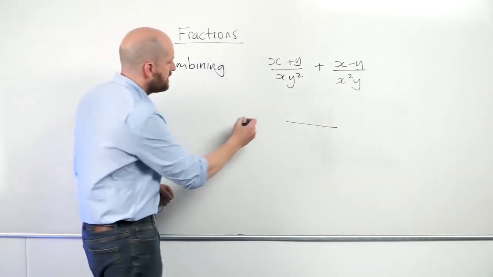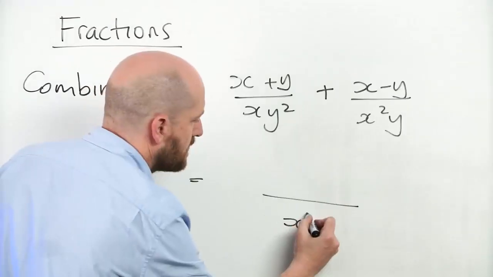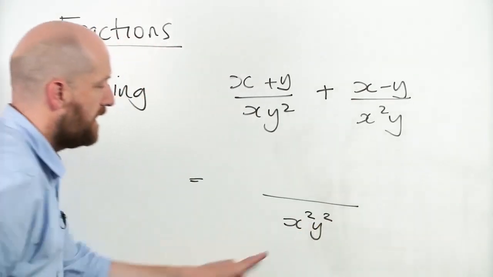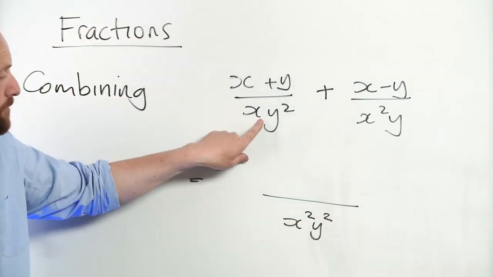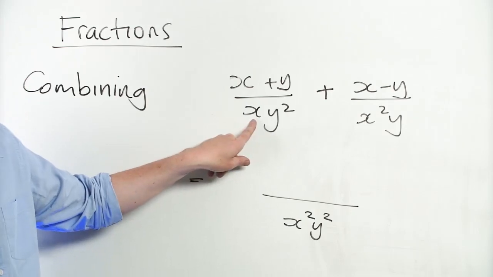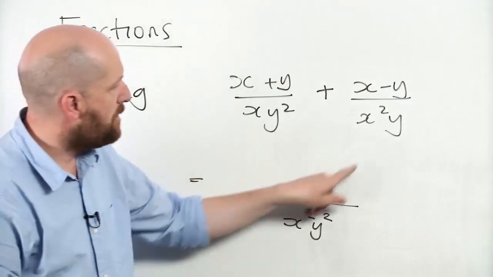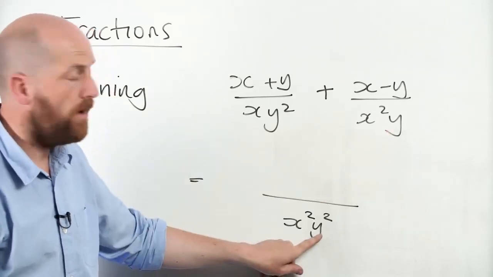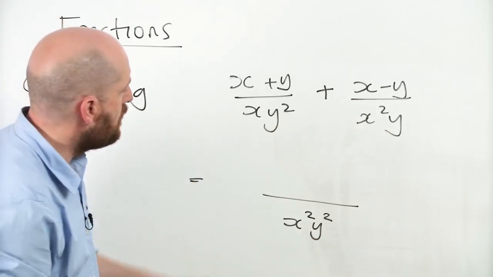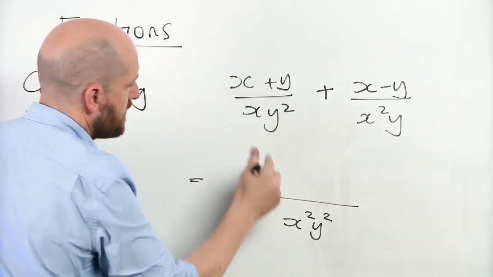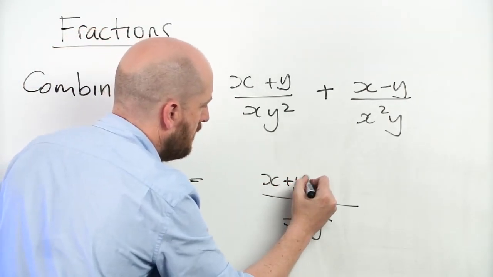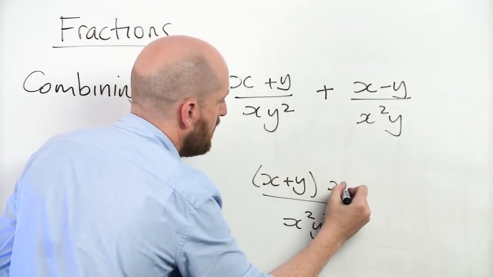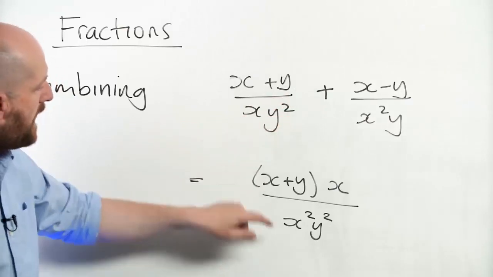This one's not too bad because I notice that x squared y squared is certainly a multiple of this. It's just x times xy squared. And it's certainly a multiple of this. It's x squared y times y. And so what I've done here, this first expression, I've simply multiplied the top and the bottom by x.